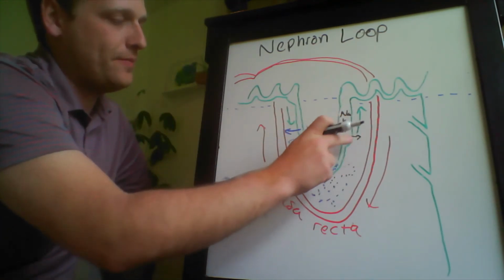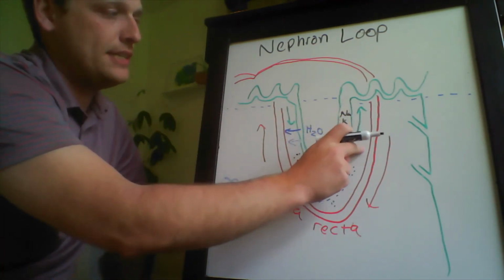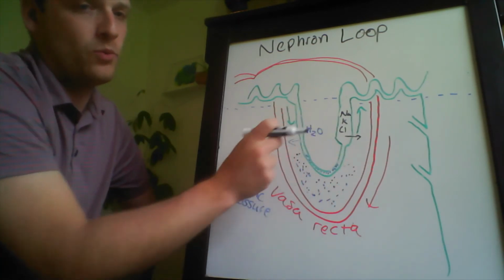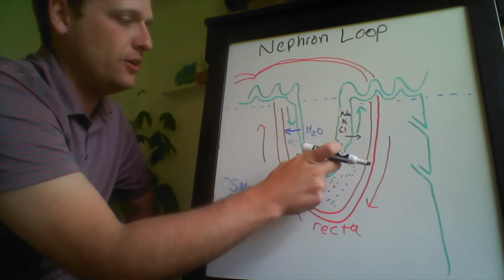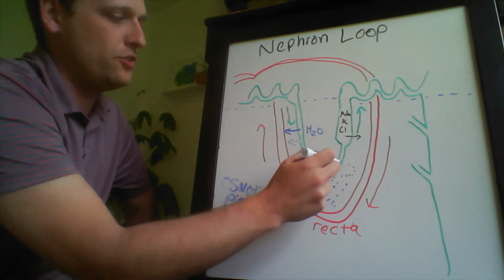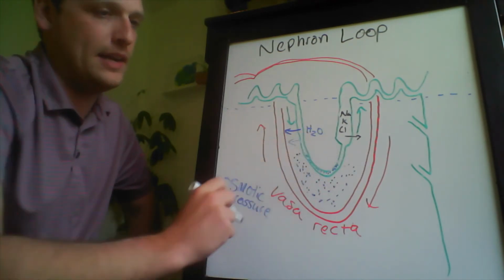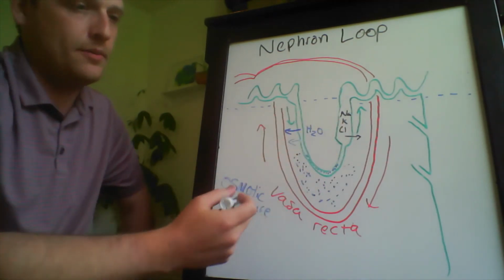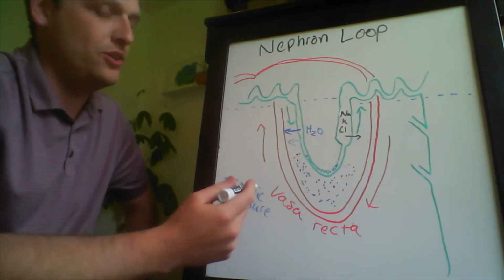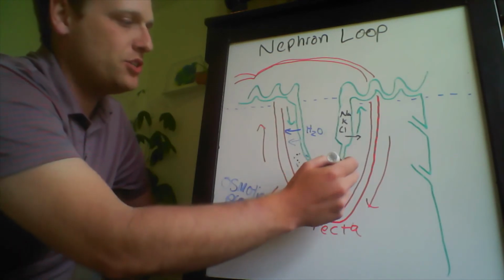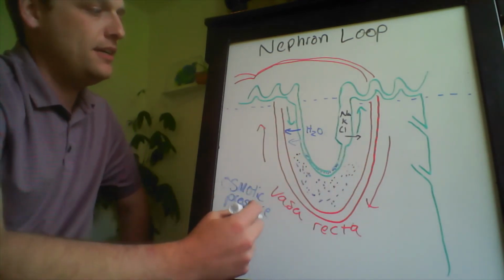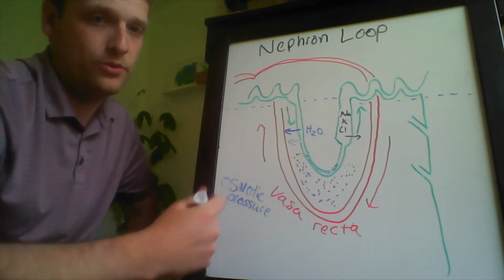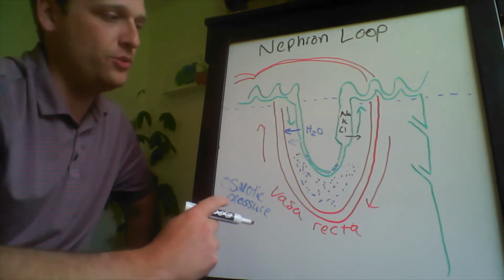The exit of electrolytes here is going to pull more water out here. And as you get lower and lower, you get higher concentration of electrolytes within the nephron. So what this countercurrent multiplier is helping to do is to establish this salty environment that's going to allow water reabsorption to occur in the medulla.